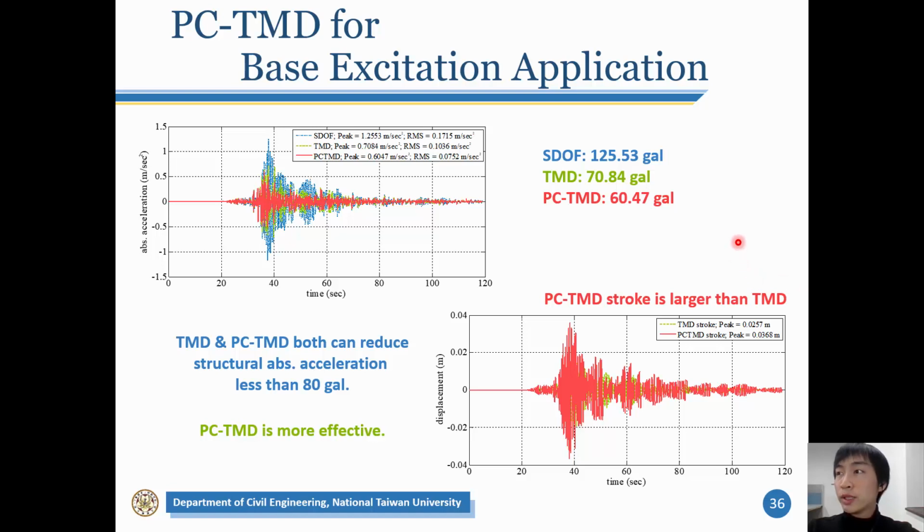If using the traditional tuned mass damper, the structural acceleration can be reduced from 125 Gal to 70 Gal. If using the phase control tuned mass damper, it can further reduce the structural acceleration to only 60 Gal. So the phase control tuned mass damper is more efficient than the traditional tuned mass damper.